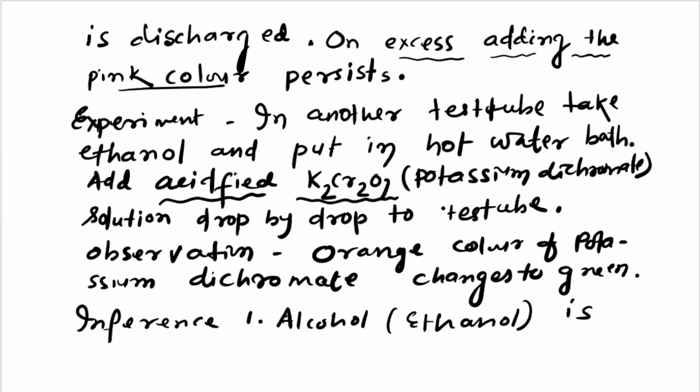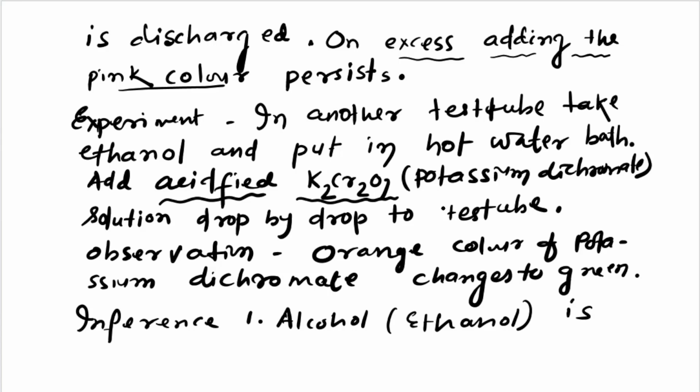You take potassium dichromate, add water, then a few drops of acid, generally dilute sulfuric acid, which is called acidified. Acidified means dilute H2SO4 is added to the solution. Then you add that acidified potassium dichromate solution drop by drop to the test tube. Then what happened? The orange color of potassium dichromate changes totally to green.